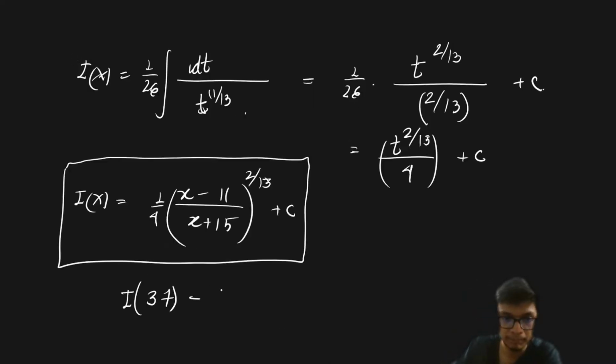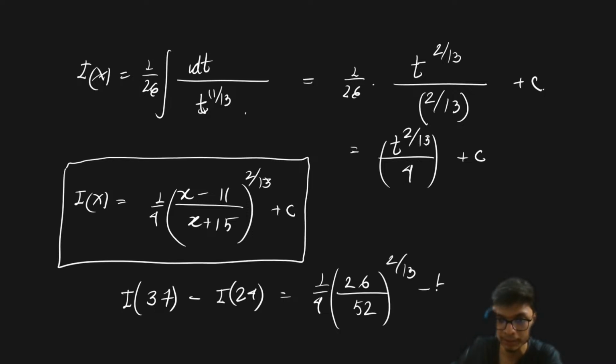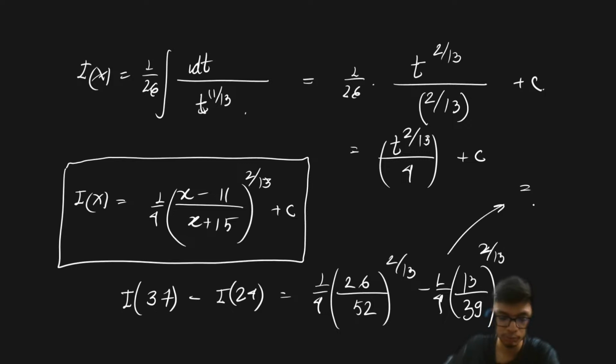So I37 minus I24 is going to be equal to 1 by 4 times (26 upon 52) whole to the power 2 by 13 minus 1 by 4 into (13 divided by 39) whole to the power 2 by 13. And from this the expression simplifies to 1 upon 4 in the bracket, 1 by 2 to the power 2 by 13 minus 1 upon 3 to the power 2 by 13.